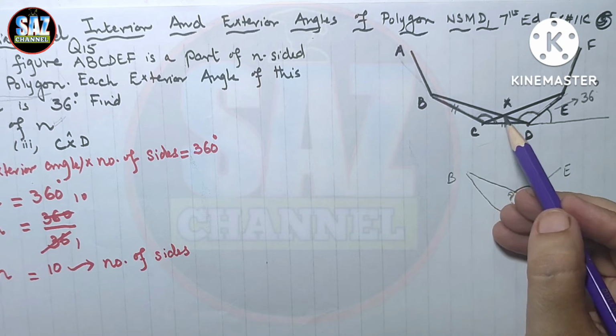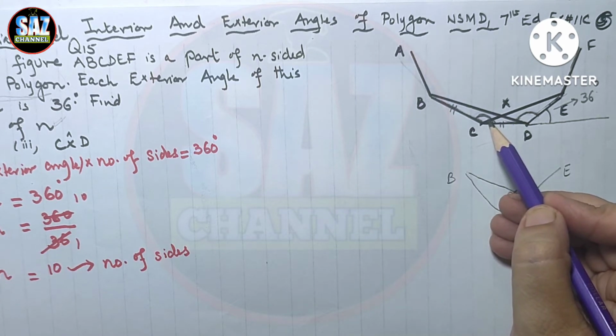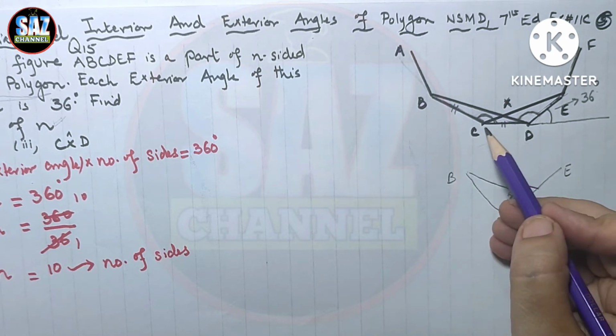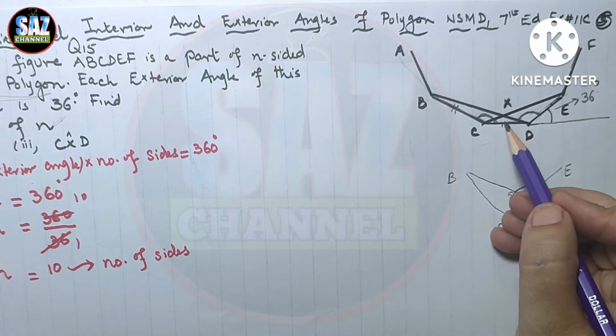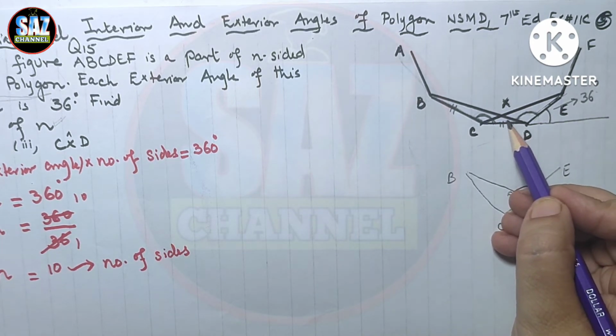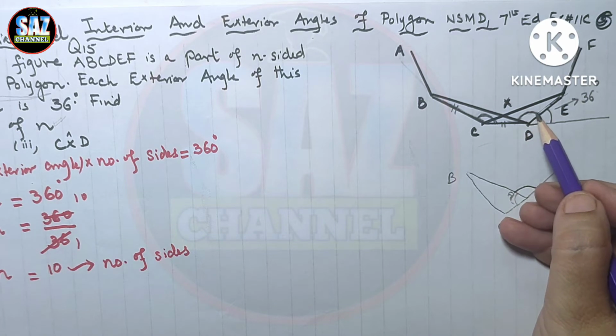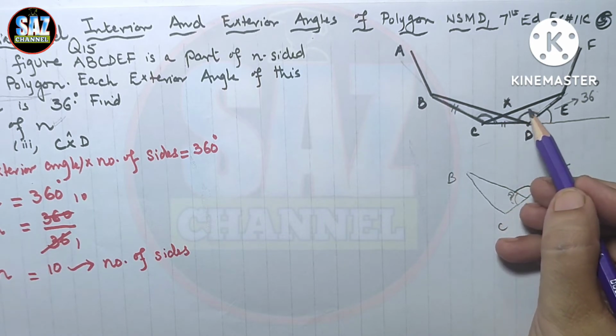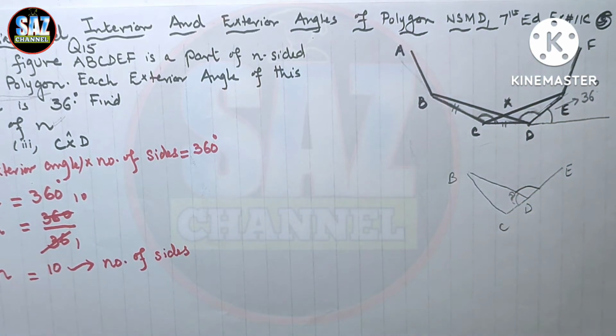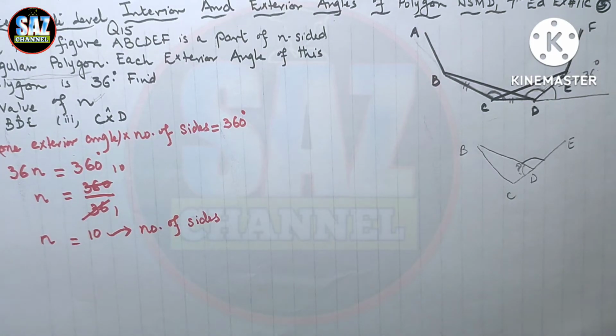And then we have to find this angle with the help of that, and that angle will have to be subtracted from the interior angle. So let me go to the solution of this question. Second part is BDE.